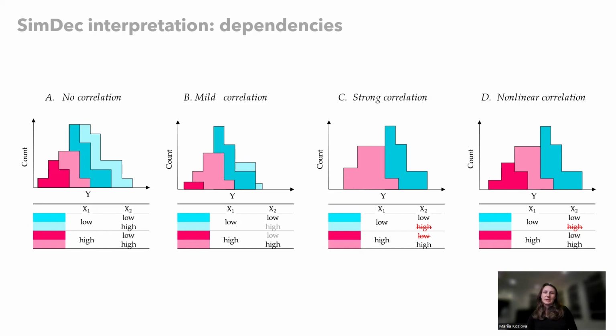Also interesting here, example D, is that there could be a nonlinear interaction where a certain state is missing only in a certain state of one variable, but is present in another. It's very common for engineering models due to some physical limitations and restrictions.